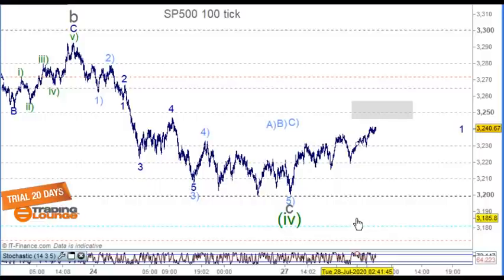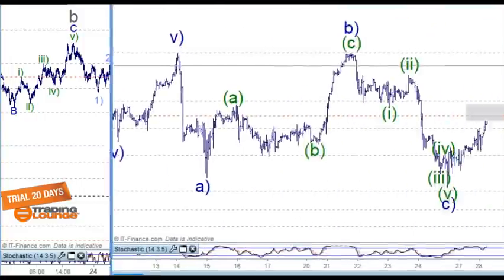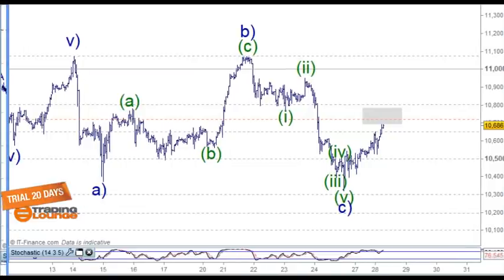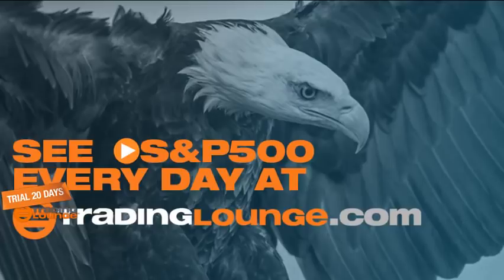What I want to do is bring across the Nasdaq, and this is the pattern that we've been looking at with the Nasdaq. Now, this is the Nasdaq 100, of course. It's a CFD, so it ties up with the cash and the futures.